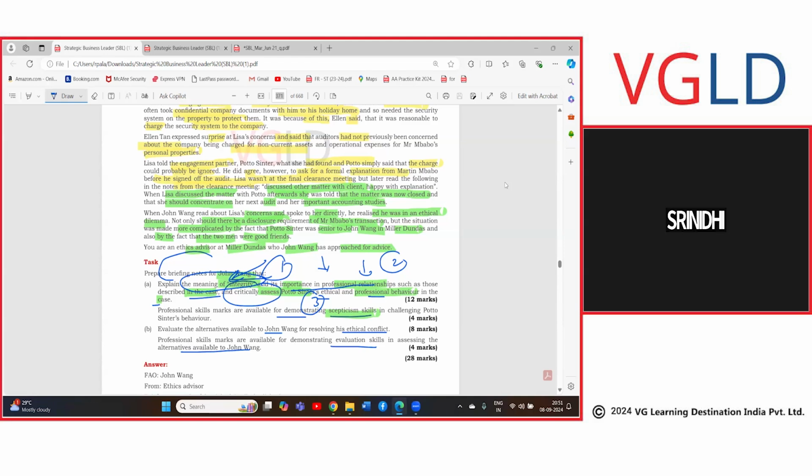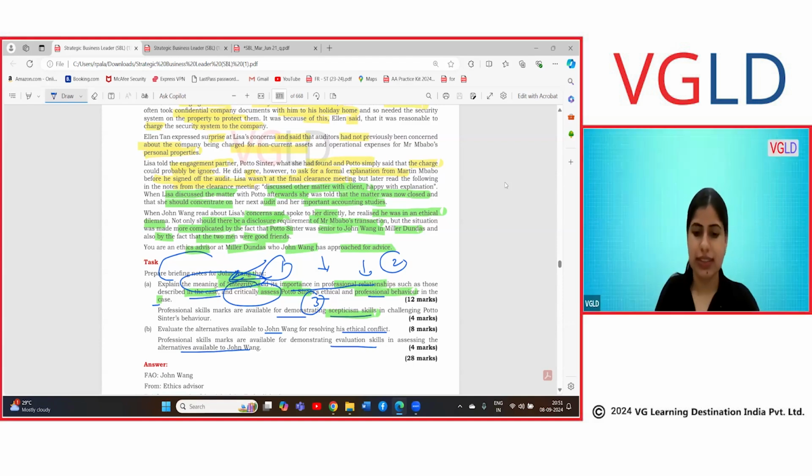Ma'am, since Lisa is not in a position to make a decision, she can approach the non-executive members of the board regarding the correction, and even if no actions are taken afterwards, she may leave the project. She may discontinue the project. Yeah, she can do that.